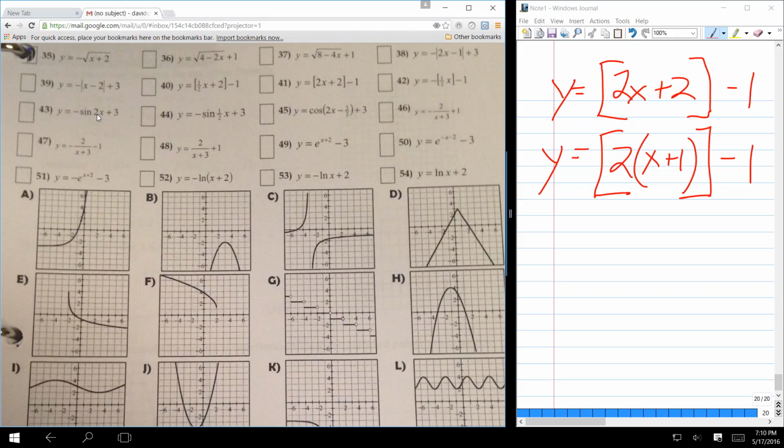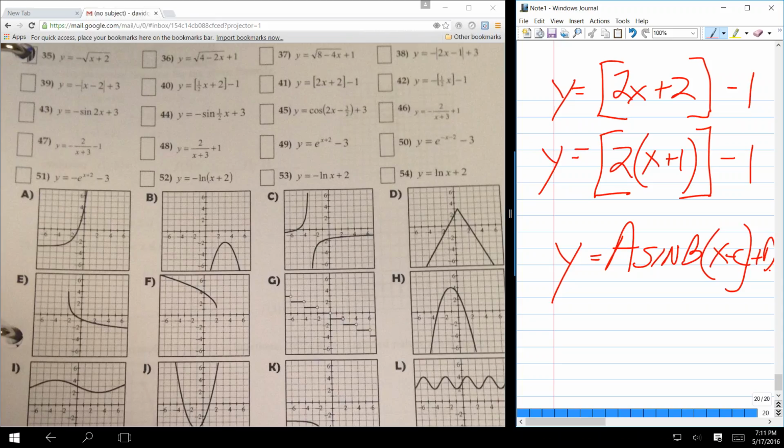The 2 makes the amplitude. No. Amplitude is in front. Let's talk about the sinusoid function. Why they call it something different, I don't know, because here's what it is. A is the amplitude.